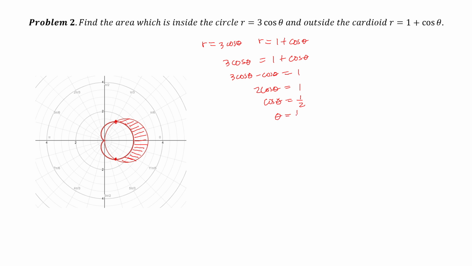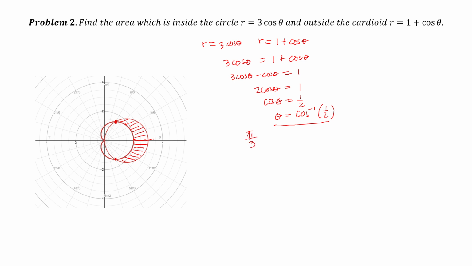If we look at this, it is symmetrical. So the angle is the inverse cosine of 1 half, which is pi over 3.